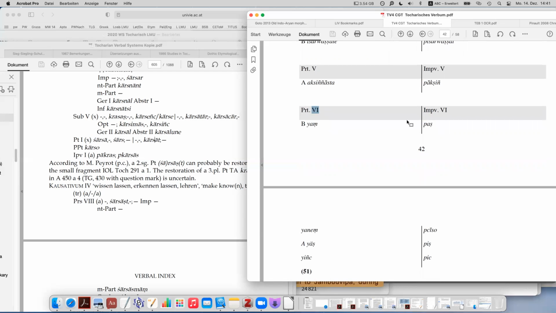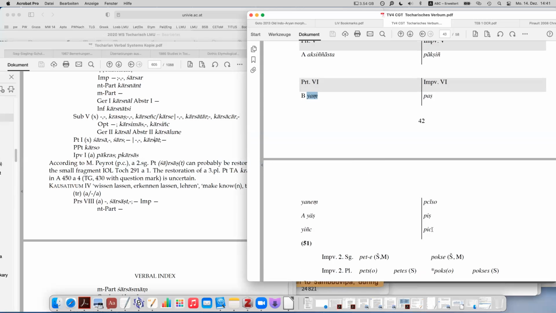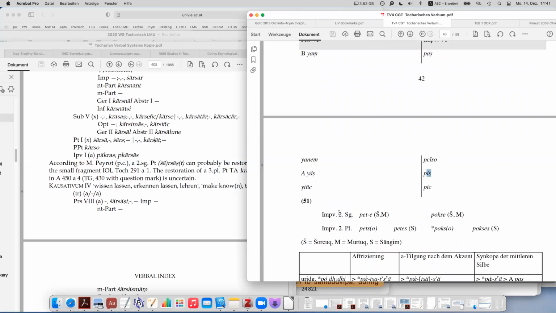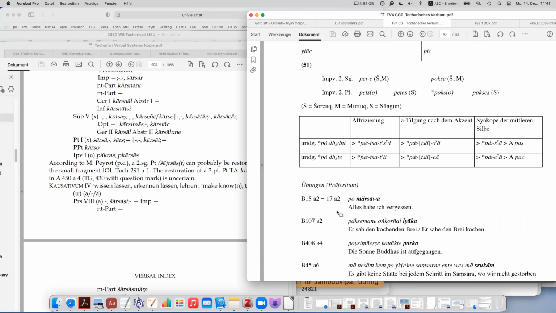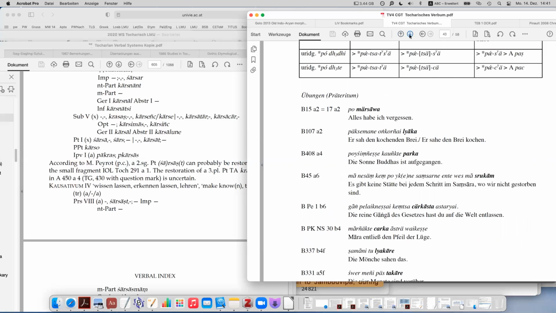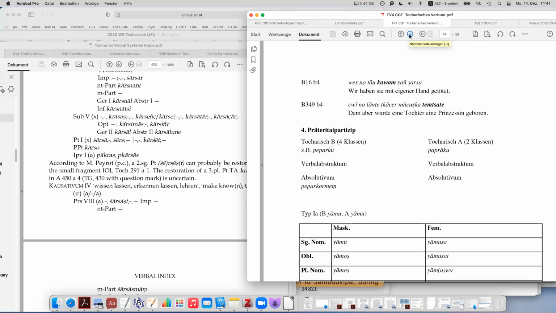Here it is a little bit different. This is the word for go, yush, but here you probably find it similar, with a per and this ish. So ish and ya come from the same root. So this is basically the preterite and imperatives.